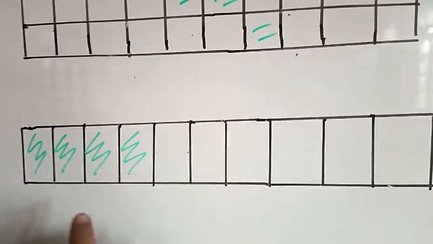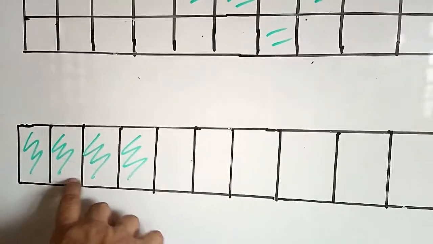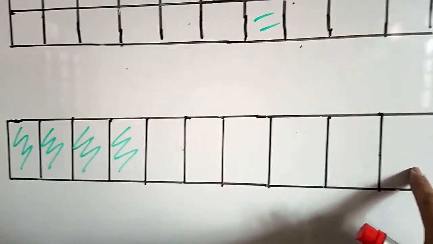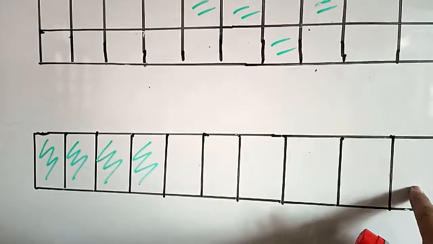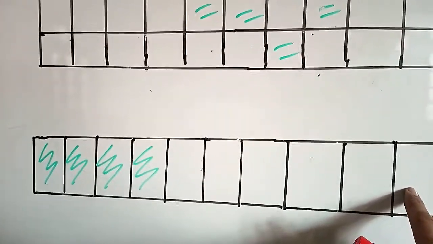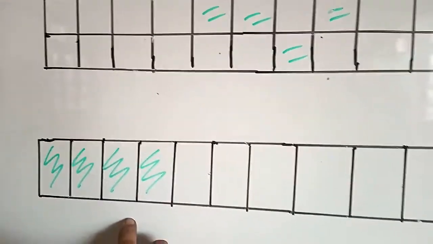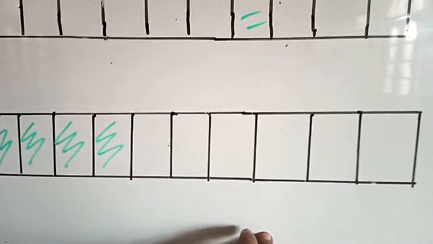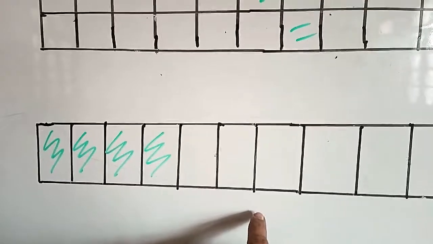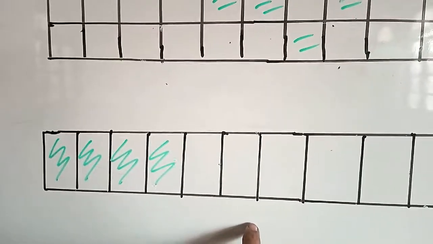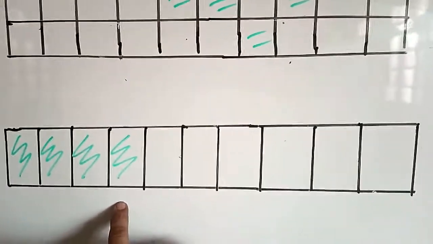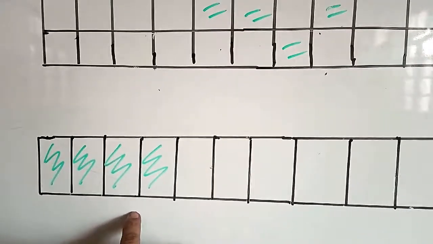One more example. If we are having 1, 2, 3, 4, 5, 6, 7, 8, 9, 10 blocks, and we have to find the percentage of the shaded parts, then we will see how many are shaded out of 10. First of all, we have to find the fraction of the shaded part.